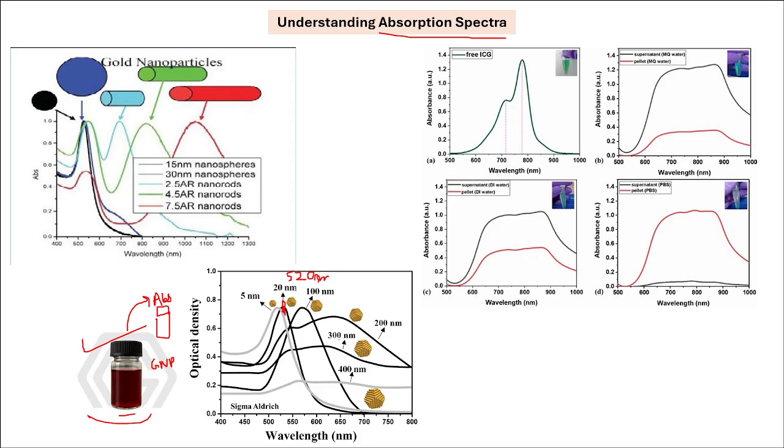You found a wavelength somewhat like this, at 520 nanometer. Based on this, because this is available in literature, you can say that the nanoparticles present in this suspension are of 20 nanometer size. This is a kind of preliminary analysis.